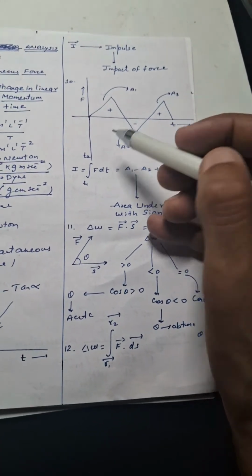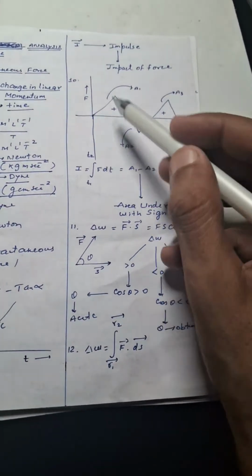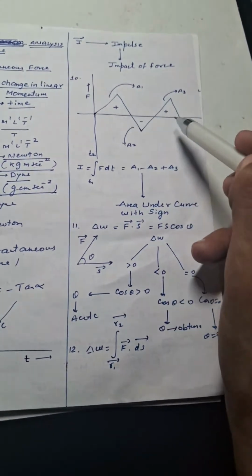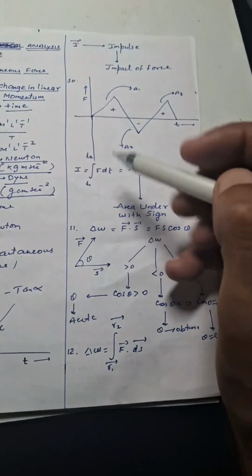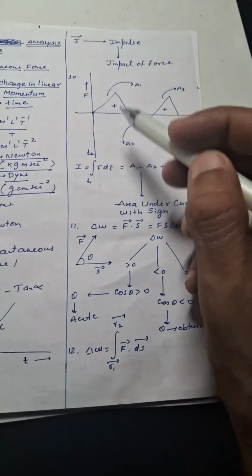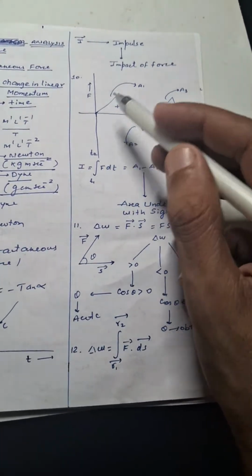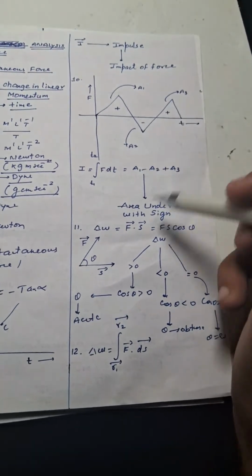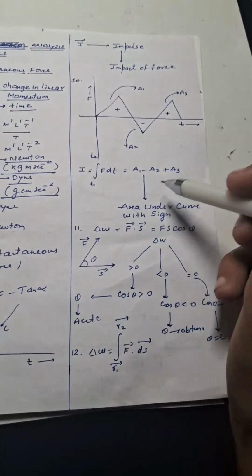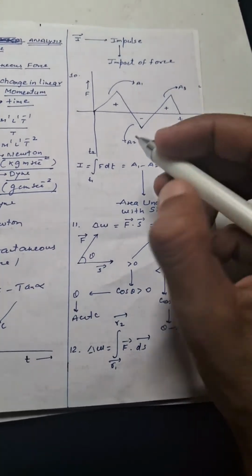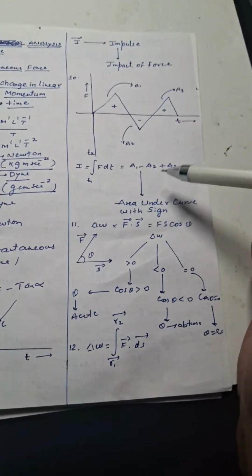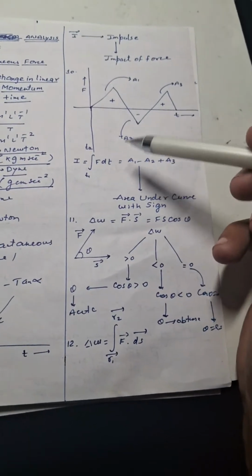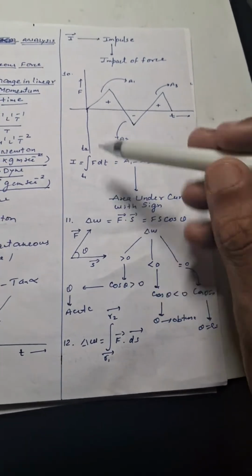If we calculate the integration of F dt, which is impulse, then from the force time graph we can say that the integration of F dt will be the area under the force time graph with proper sign convention. So that will be A1 minus A2 plus A3. So this is how we can use force in calculating the impulse of a given force.